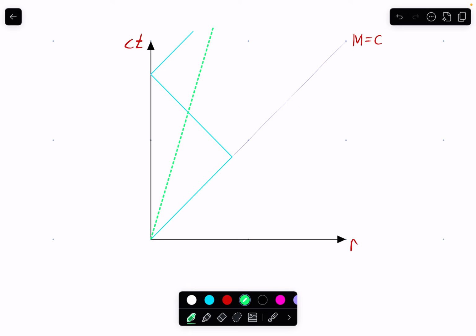And things that oscillate quicker have more mass. So I'll give an example with this. If it goes this way, then like this, and it keeps going like this.